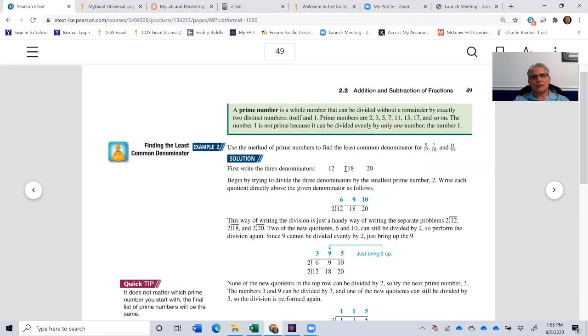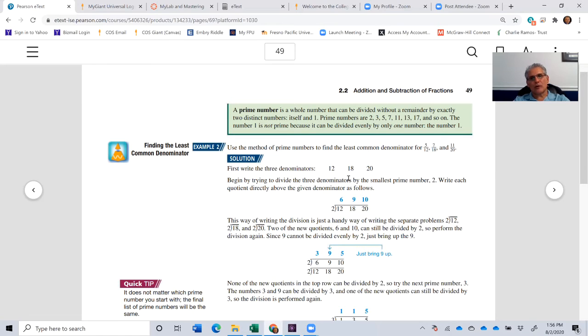The example here we're given is 12, 18, and 20. So what we need to do with 12, 18, and 20 is build up on this. We're going to start at the lower end of the page, and we're going to just add on top of it. So we're building almost like a building on top of the numbers. Whenever you're working on this problem, make sure that you give yourself plenty of space above that number to start moving up.